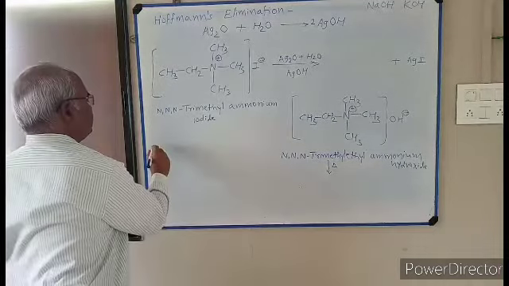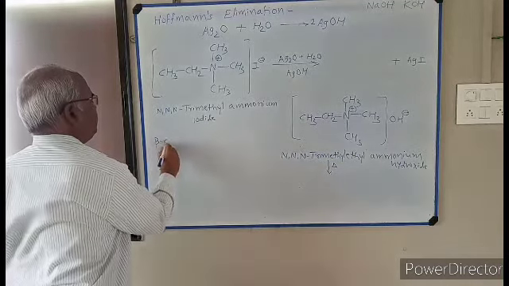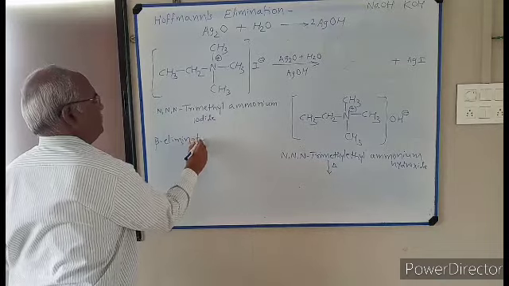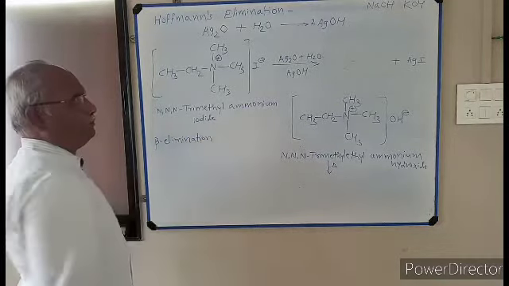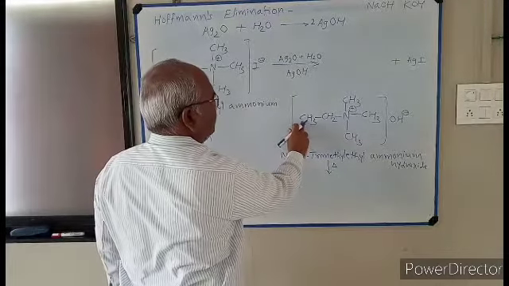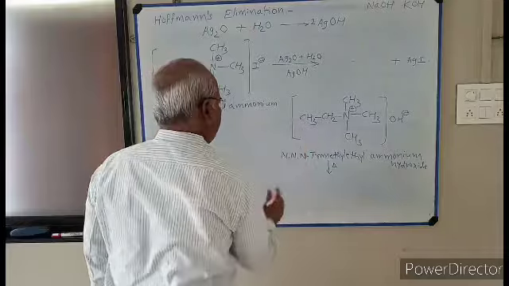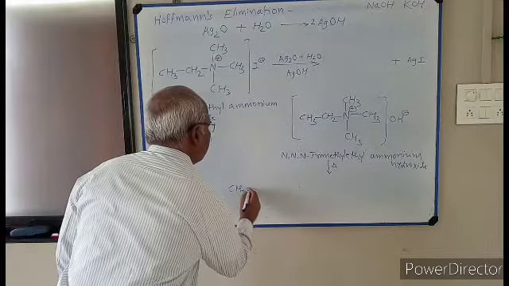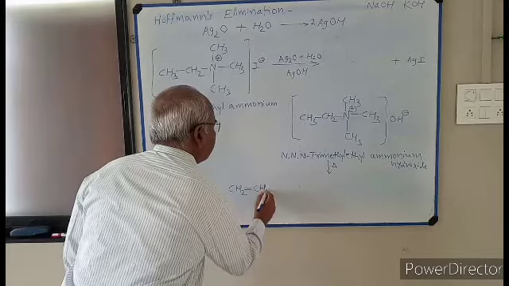It undergoes beta elimination. Beta hydrogen from this carbon is removed, and the product is CH2 double bond CH2.